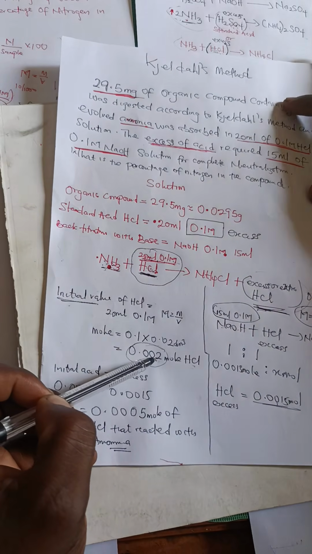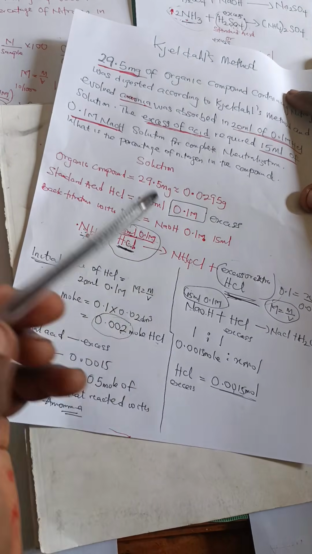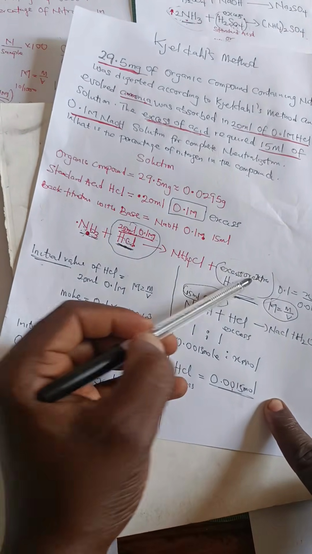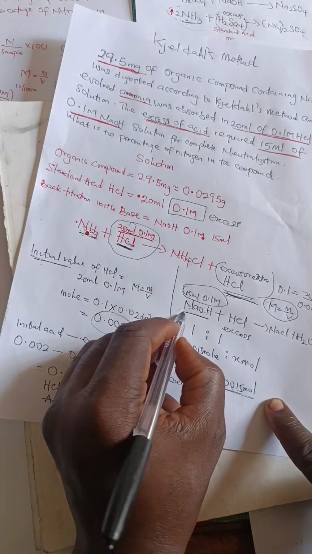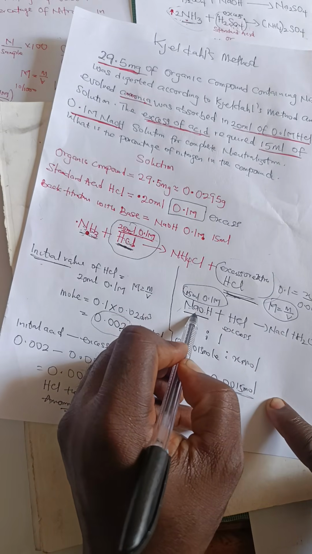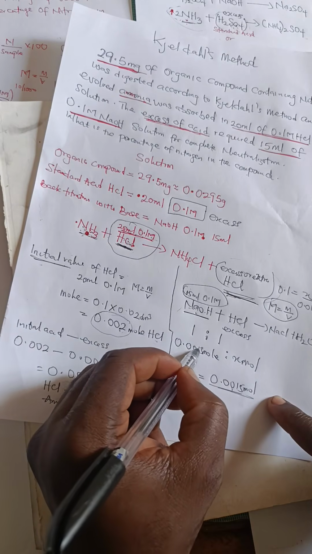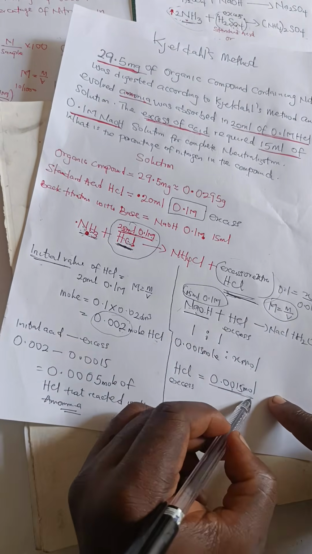So what we did was that they told us that after this reacted with this, it formed NH4Cl plus some excess. They now said this excess was reacted with sodium hydroxide. So the excess HCl with sodium hydroxide. I get it. So the sodium hydroxide is 0.0015 mole. You know the way I got that. So with the excess, I got the excess.